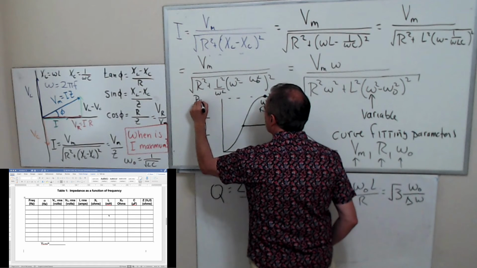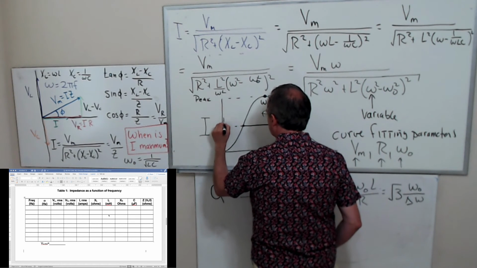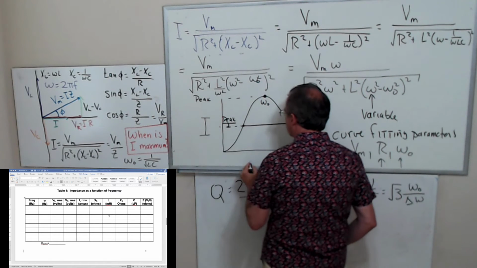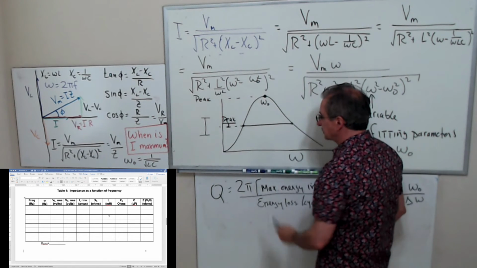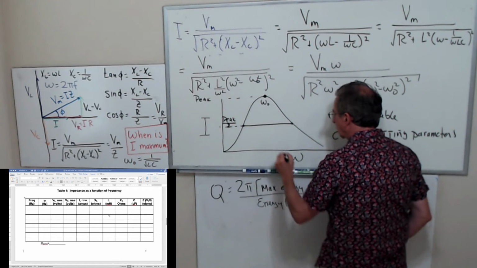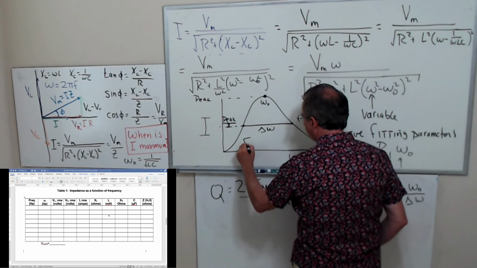So if this is the peak current, this is half the peak. The peak occurs at one frequency, half the peak occurs at two frequencies. And the difference between the two is delta omega.